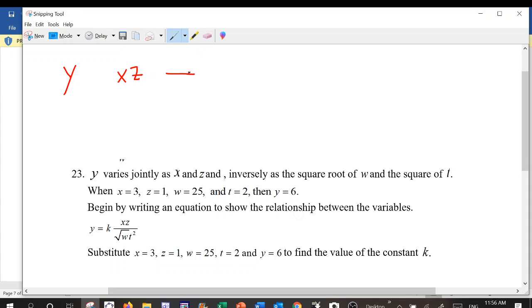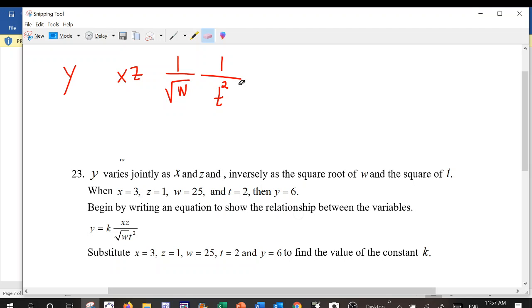So inversely as the square root of w means 1 over the square root of w, and at the same time 1 over the square of t, right? So y varies jointly as x and z, inversely as the square root of w and the square of t.